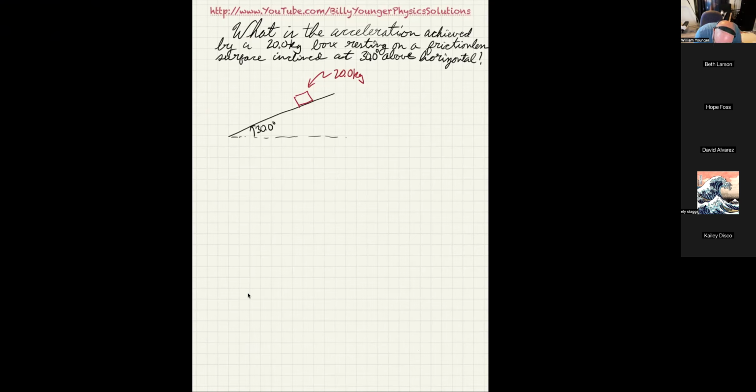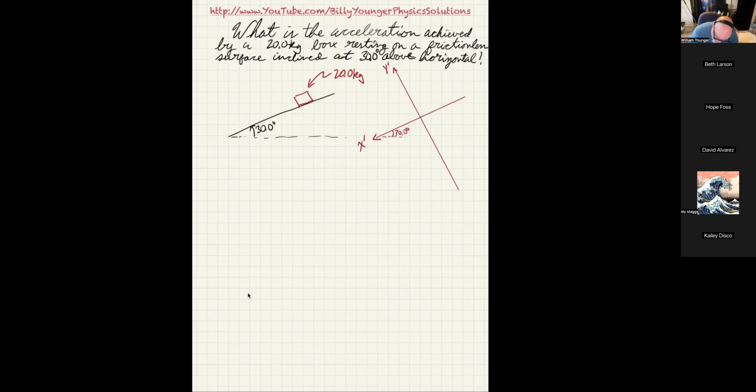My free body diagram is going to be on an inclined coordinate system. It looks like the box should be sliding down and to the left, so I'm going to call down and to the left the positive x or x prime coordinate axis, and this one the y prime coordinate axis. And specifically, this is 30.0 degrees.